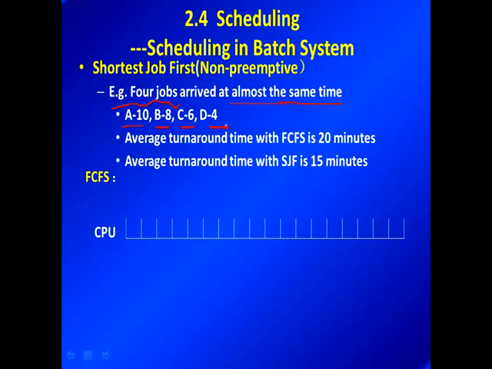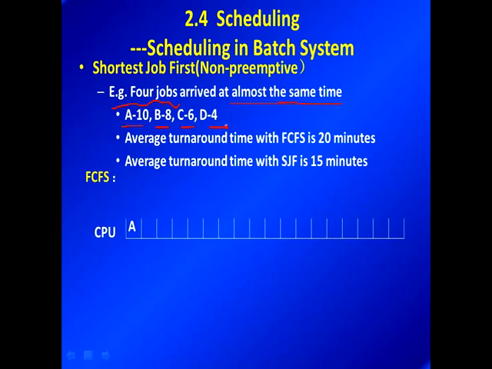When we apply algorithms to solve a scheduling problem, I strongly suggest you draw a time axis for the CPU, just like what we are showing on the slide. We put the 4 jobs onto this time axis according to different algorithms, because with different algorithms the execution order for the same 4 jobs may be different.